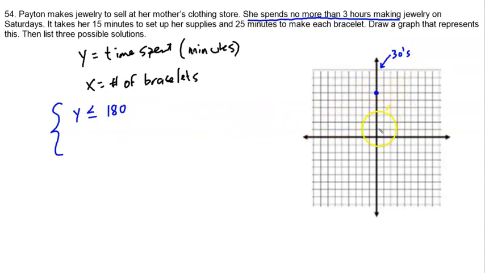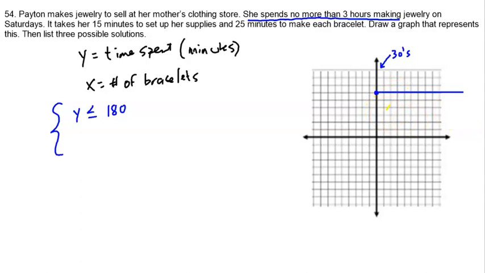So that would be 180, 1, 2, 3, 4, 5, 6. And then I'm just going to draw a line. Since we don't want to go off into the negative direction, I'll just draw a line like this to represent y equals 180, and then eventually we'll be shading below that line.